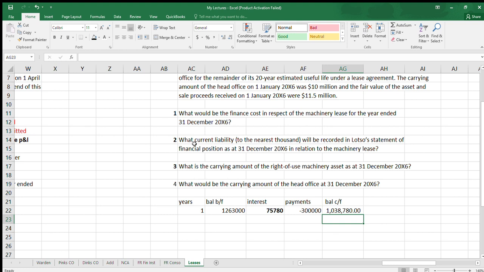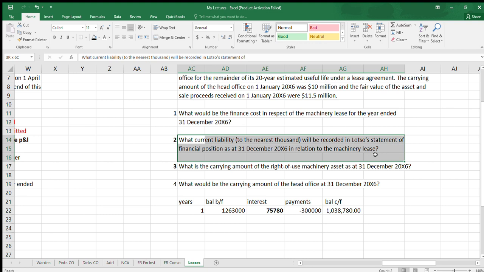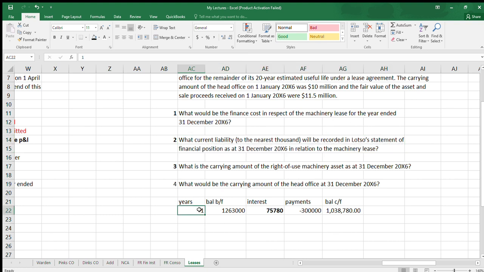Now 2 says, what current liability to the nearest thousand will be recorded in the statement of profit and loss. You see, this one they are asking for your current liabilities, and I taught you in the earlier lectures. Your current liabilities is so simple, straightforward. After you have done year 1, you have to do your year 2 before you know your current liability.